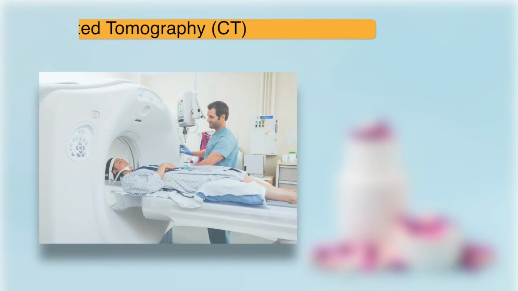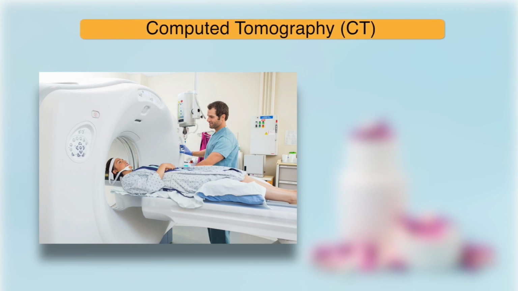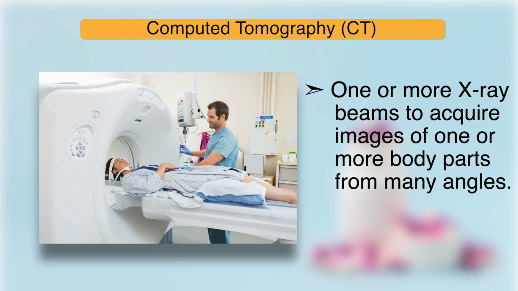For example, the next one is computed tomography, normally called CT, also called a CAT scan. That involves using one or more X-ray beams to acquire images of one or more body parts from different angles around the patient.